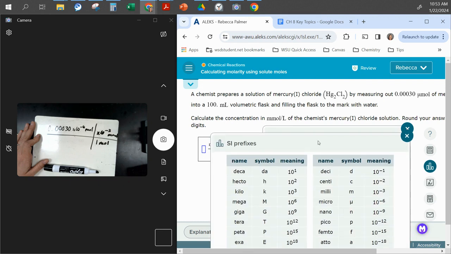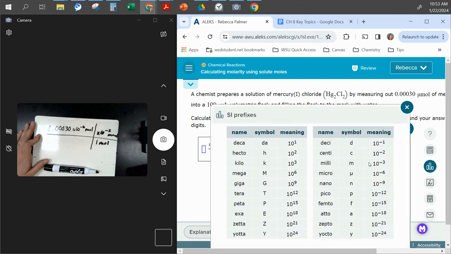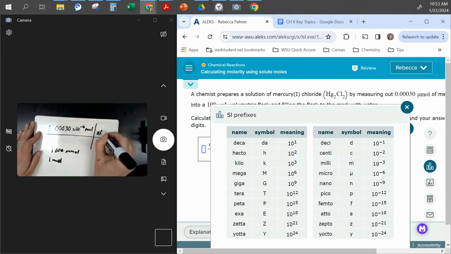For 1 mole, oh, you're right. It needs to be for 1,000 millimoles. So it'd be like this: 1,000 millimoles is 1 mole. So this would be on the bottom. Or 1,000. There you go. 1,000 millimoles is 1 mole. And I can remember that, or I can look at this number. Okay.